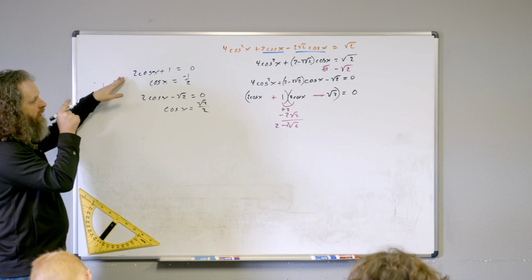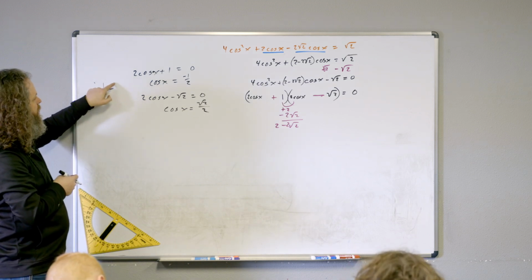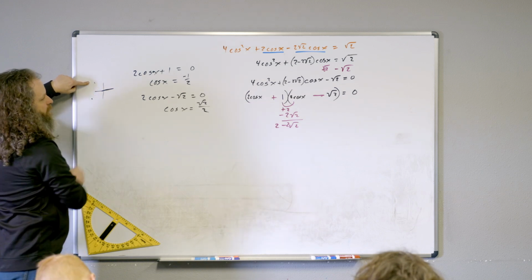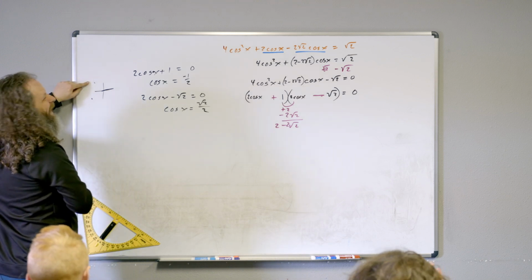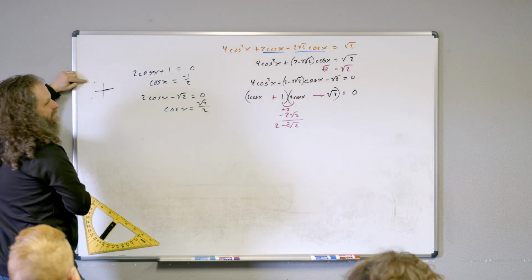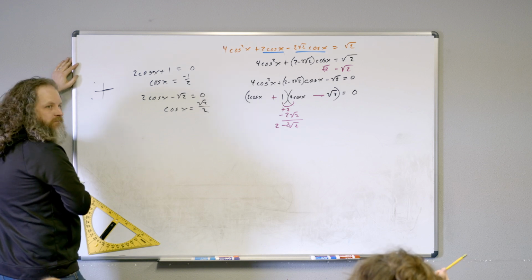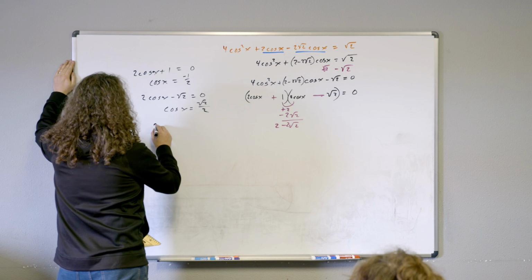Pi over 3. Where is it with the reference angle pi over 3 in quadrant 2? That would be pi minus pi over 3, which is 2 pi over 3.